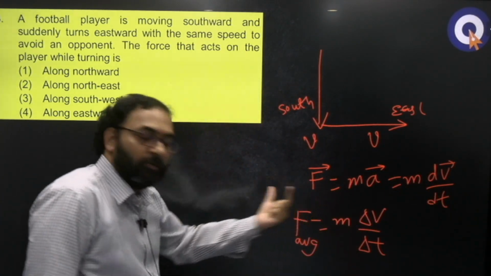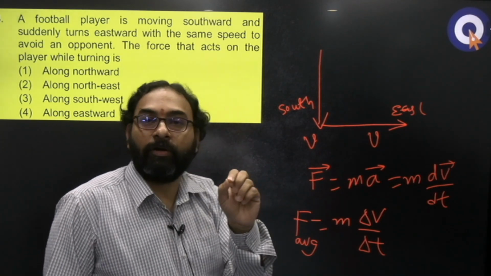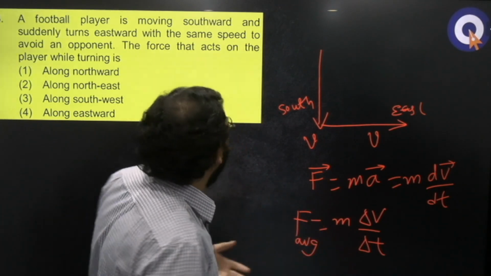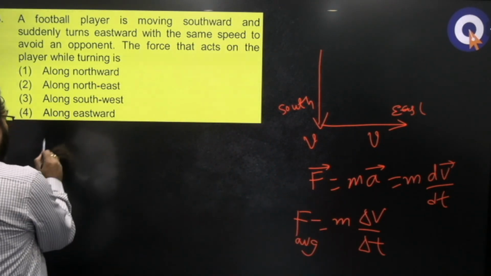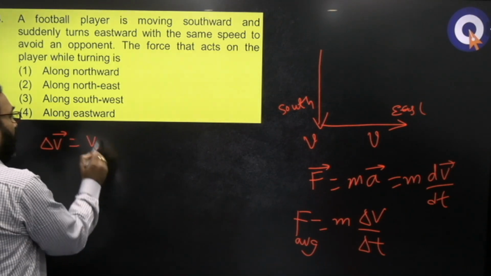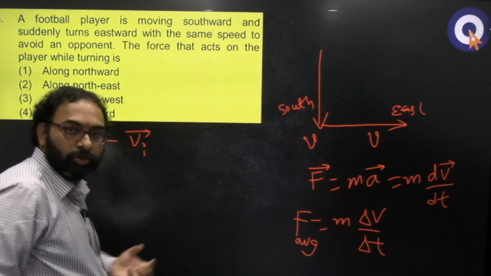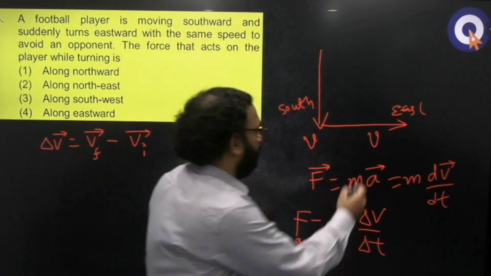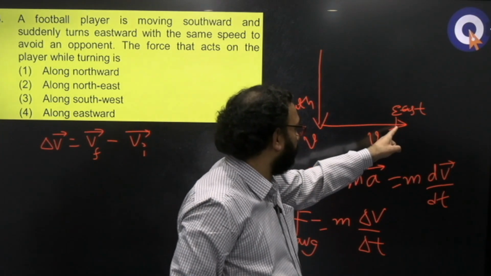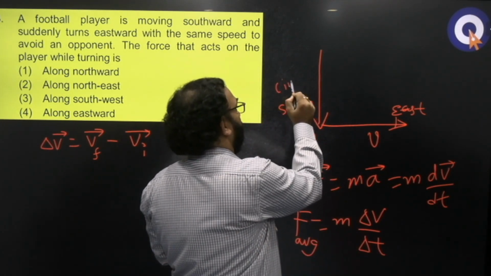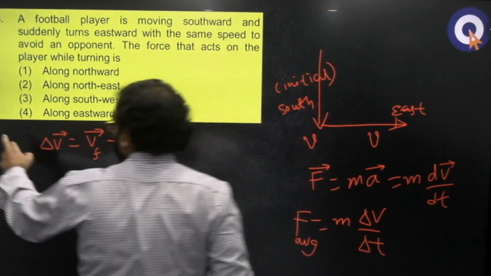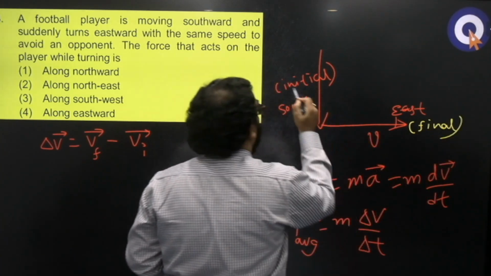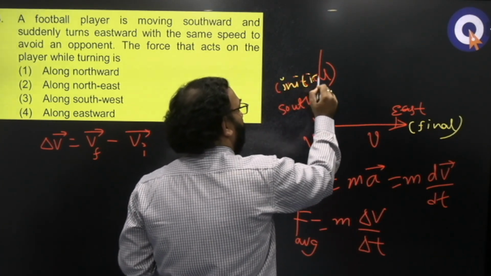That means the change in velocity direction is nothing but the direction of force. So let us see what the change in velocity direction is. Change in velocity means final velocity minus initial velocity, no? So this is the final velocity direction, and this is the initial velocity, south.